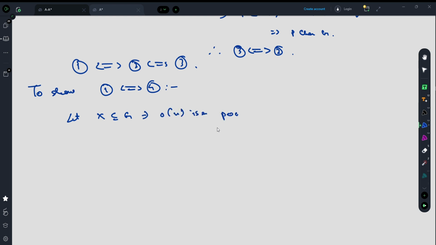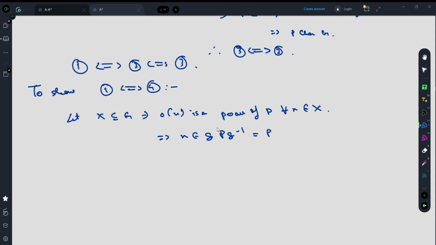Let us choose a subset X of G such that the order of x is a power of p, small p, for all x in X. But then if I consider the cyclic group generated by each of these elements x, then that is a p-group, right? But if it is a p-group, then it must be contained in a conjugate of capital P by the second Sylow theorem. This implies x must be contained in a conjugate of capital P.